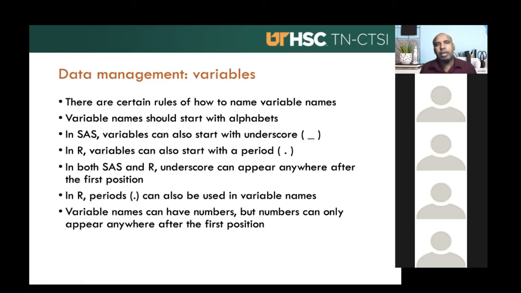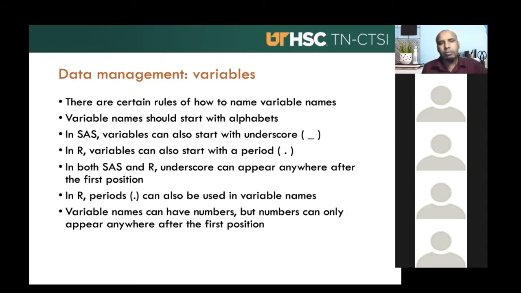So there are certain rules of how to name variables. They differ based on the statistical analysis software that is used for the analysis, but there are some general rules we have to always stick to.